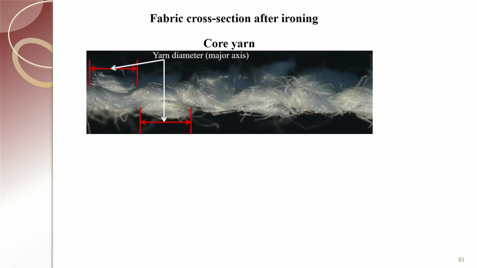Now, see the fabric cross section after ironing. After ironing the hollow core spun yarn, we can see the level of flattening, the width of the yarn is increased, and here we will see that there is effectively no gap between the yarns.